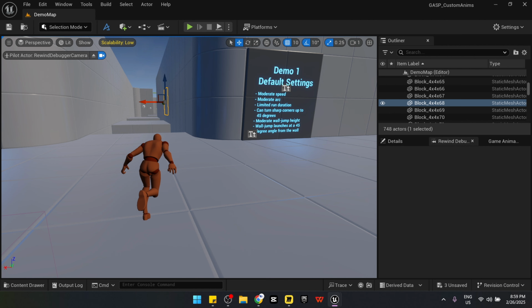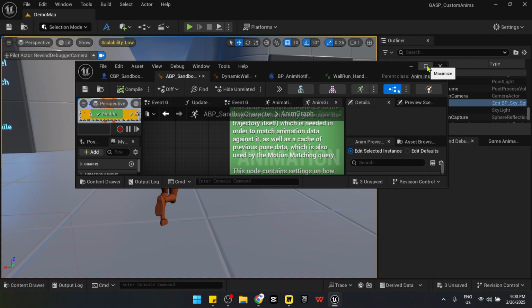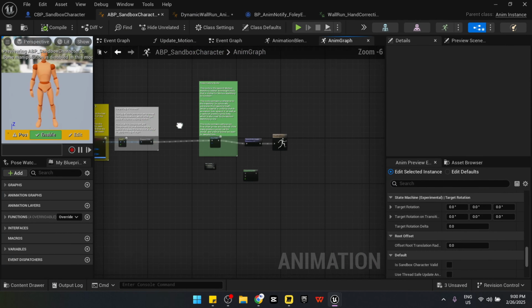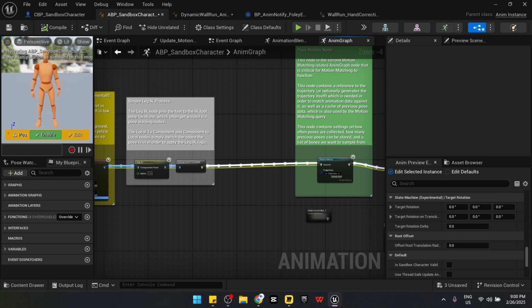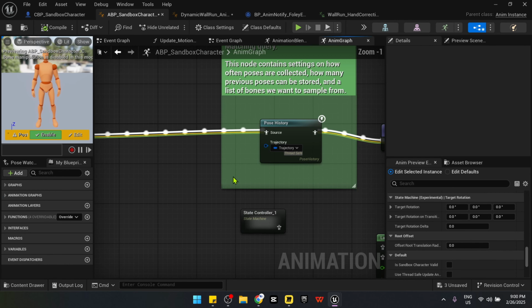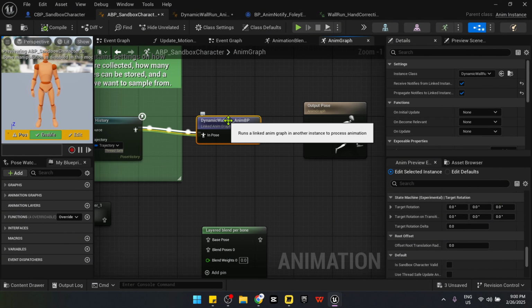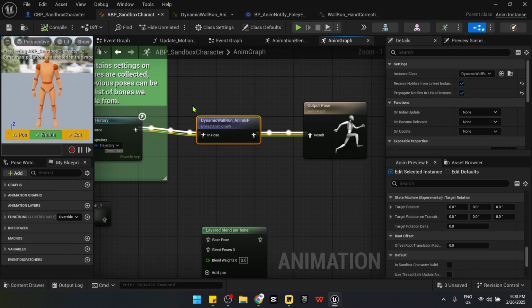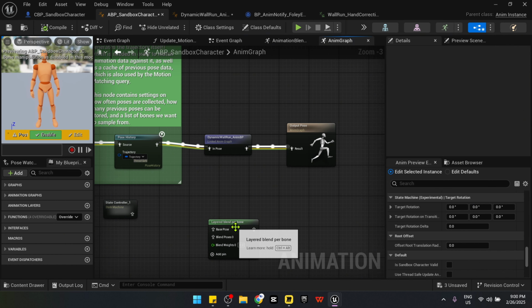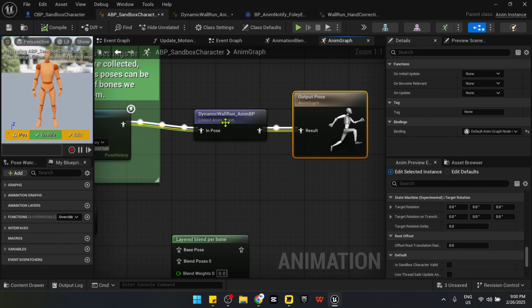One of the problems I ran into is that I am using the motion matching animation blueprint. As you know, every animation that is selected is through the motion matching process. But I want to apply an additional component from Unreal Engine 5.4 or 5.5 that does not use the motion matching system.